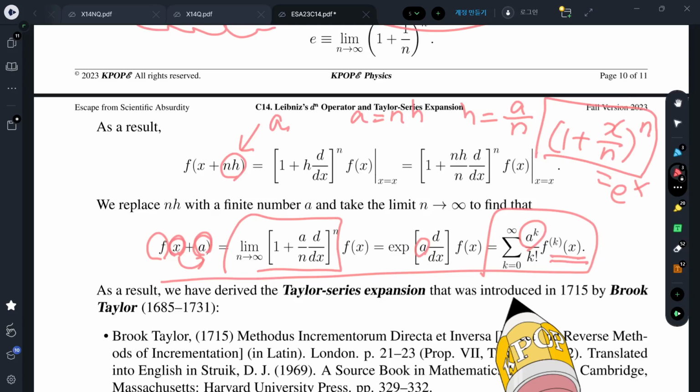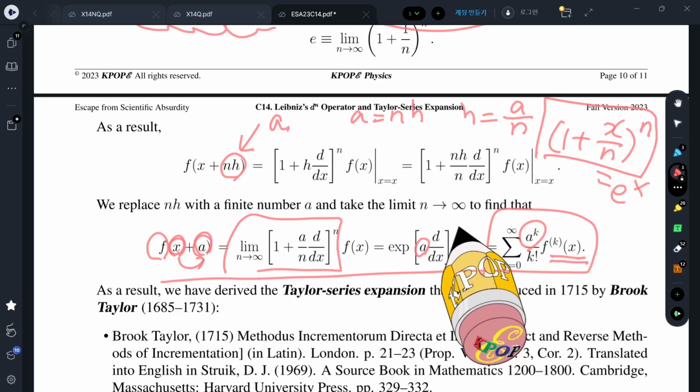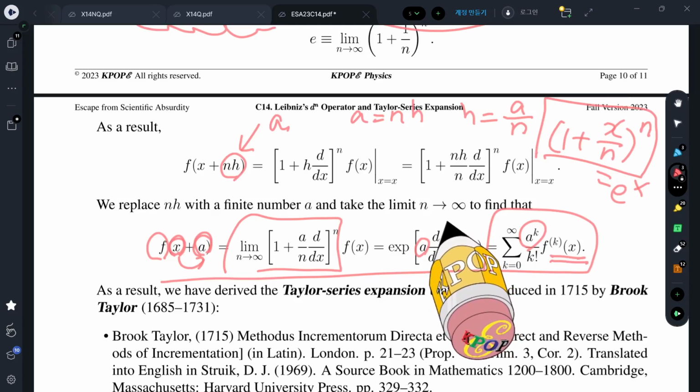Physicists are not so much interested in mathematical rigor, but eventually you will find that it is rigorous as well and practical, more practical. And calculation by physicists is much faster because mathematicians are mainly working on the proof of the rigorousness.